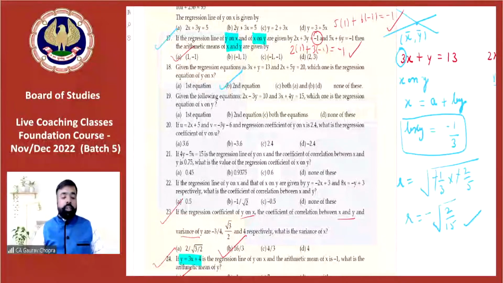Now similarly you can try the 19th question. Try question number 19.